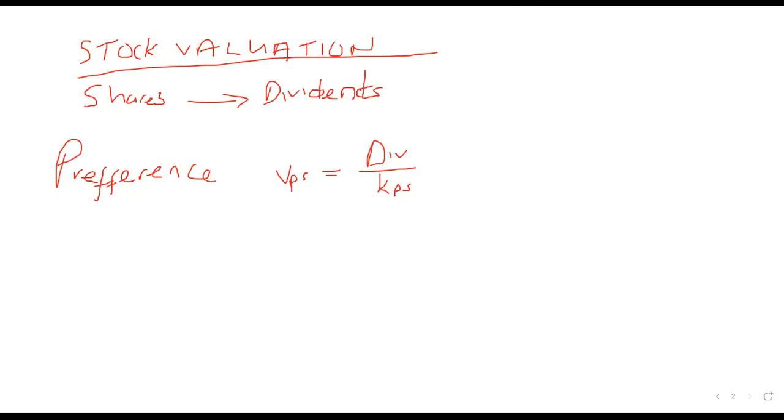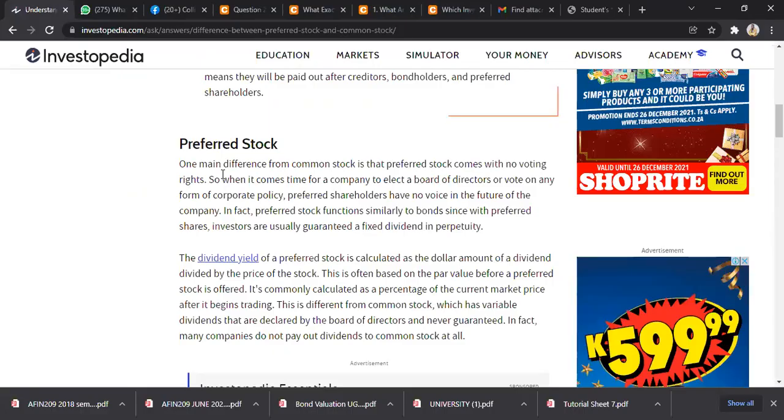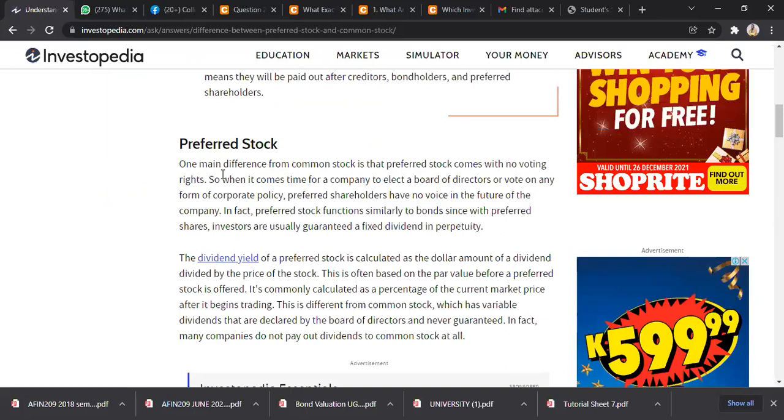Each one of them has a characteristic. Remember, there is both the theoretical part and the calculation part. Okay, maybe to take you through, we have preferred shareholders.